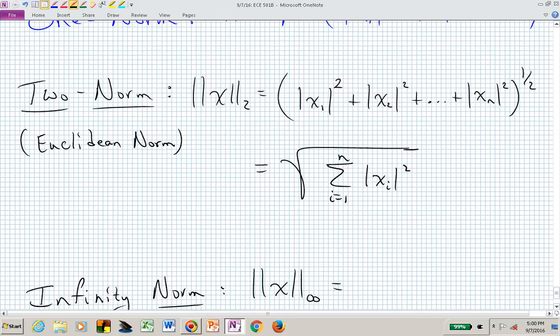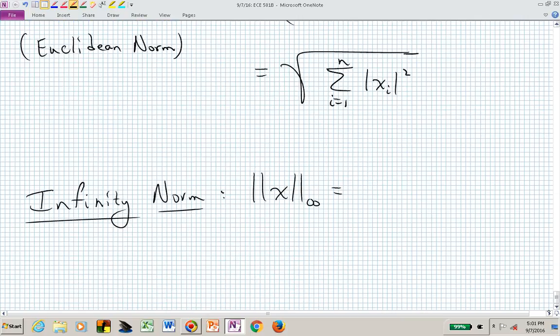The largest one is going to dominate, isn't it? The coordinate with the biggest size is going to be the biggest when you raise it to the infinite power. And then you get rid of that power of infinity by taking the infinite root, so you're left with the dominant coordinate in that vector x.